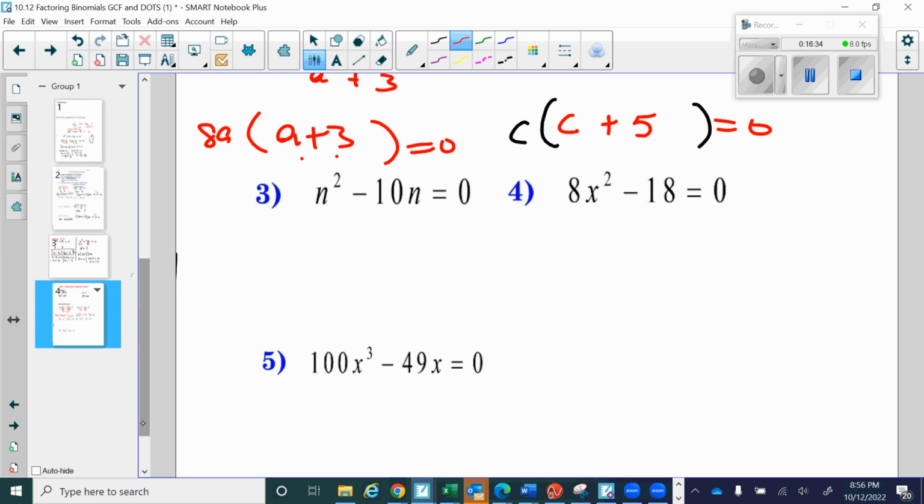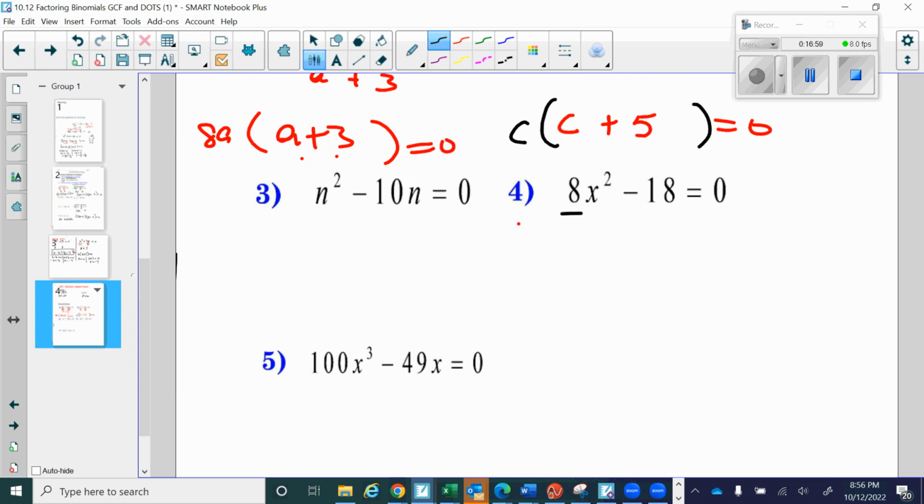There's an x squared term and no x over here, so x is not going to be part of the GCF. So we're looking at 8 and 18. What is my highest common factor here? The highest common factor is 2. So I'm going to factor out 2. So the GCF is going to be 2.